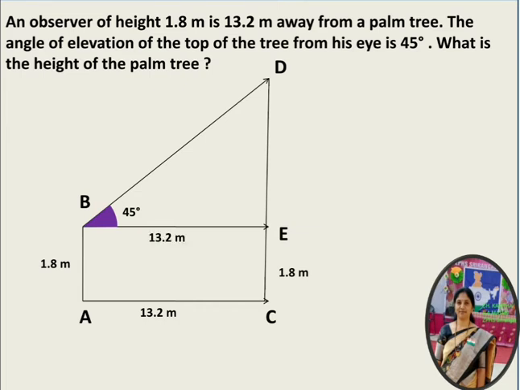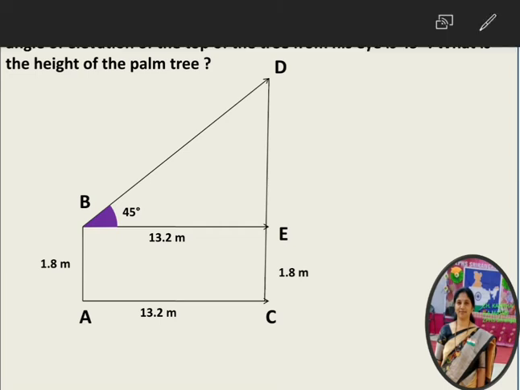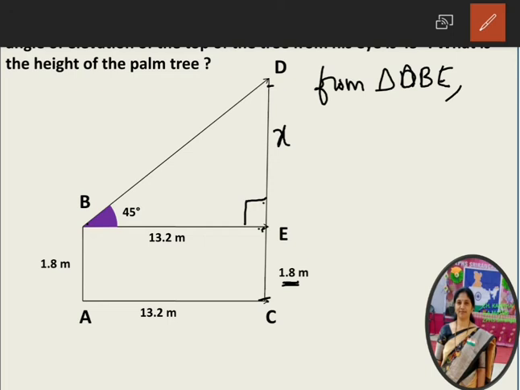Okay, now we have to solve the problem. Here we have to find out height of the tree, that is CD length. Already we know that CE length is 1.8. So now let ED length be X. Now observe that from triangle DBE, this is DBE, we know that at E we get the right angle.